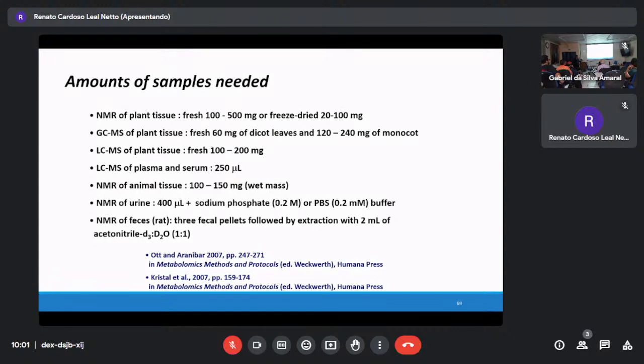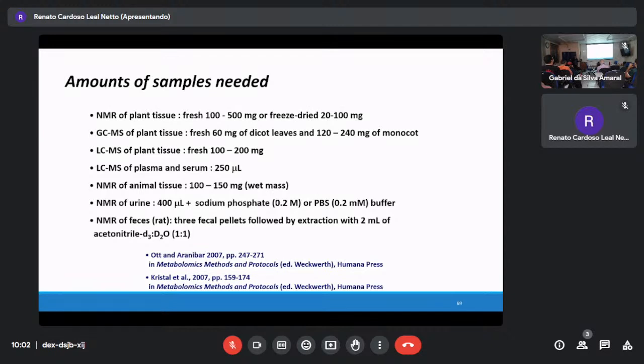But for LCMS, fresh weight is another problem. When you have a fresh sample, it's very difficult to weigh. Right? It's a wet sample. A dry sample is much easier. But LCMS and GCMS, they don't care, so they use this one. Animal cases are around 100 to 150. Actually, it's not true because it's already changed.